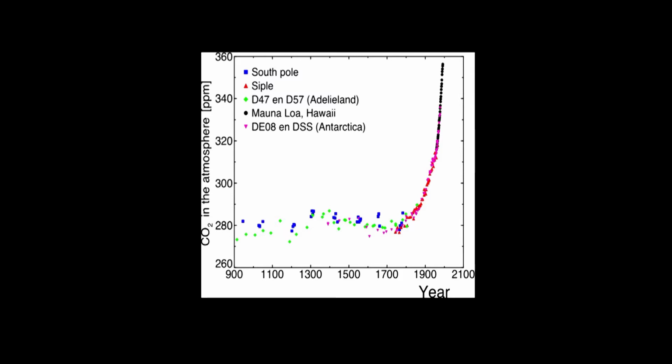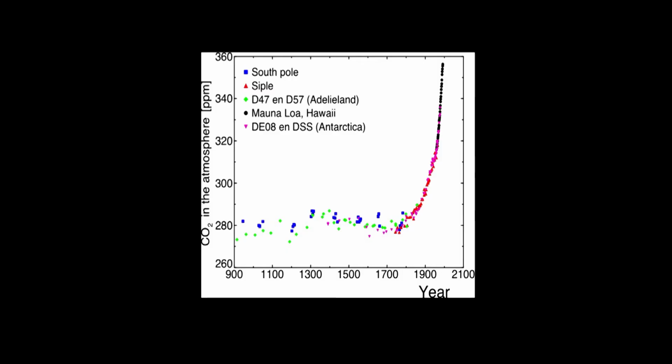We also know that since the start of the Industrial Revolution, we've had an accumulation as a consequence of our activities of carbon dioxide, not just carbon dioxide, but this shows the most important one, which is carbon dioxide in the atmosphere. This is actually out of date.